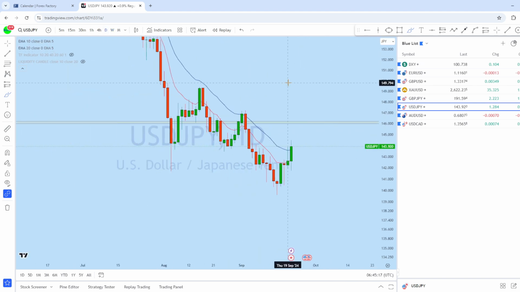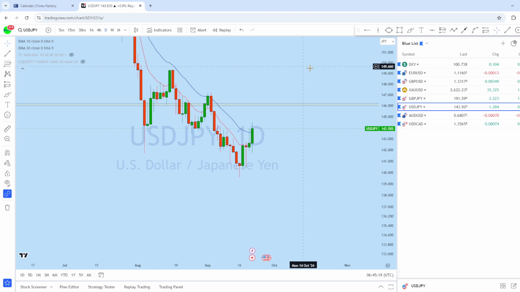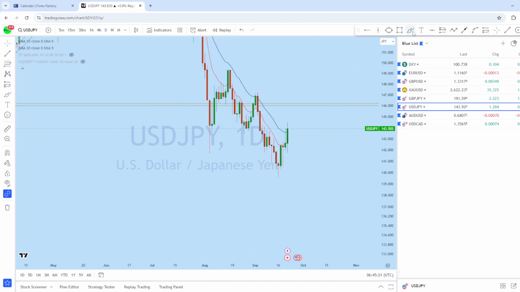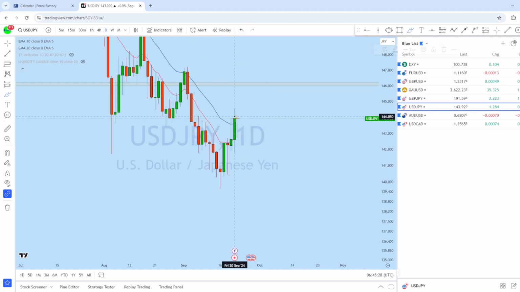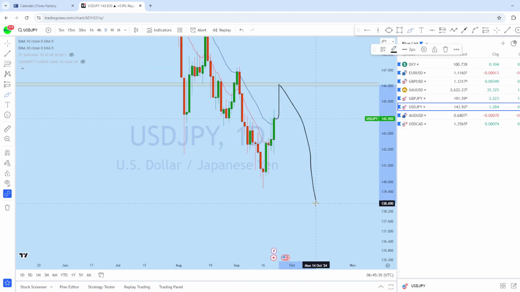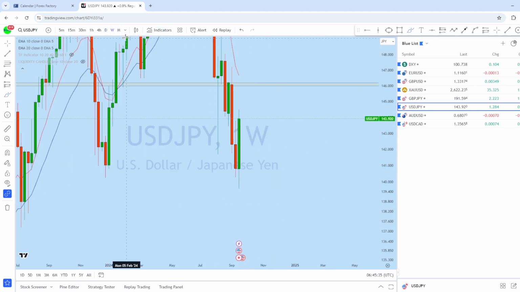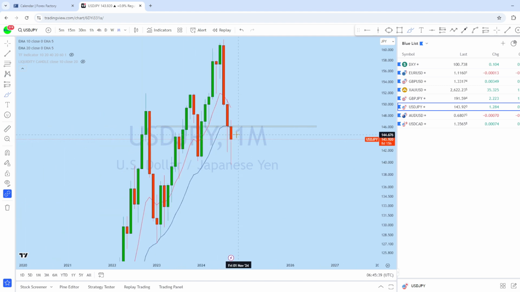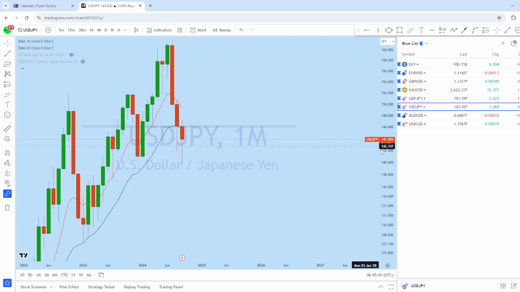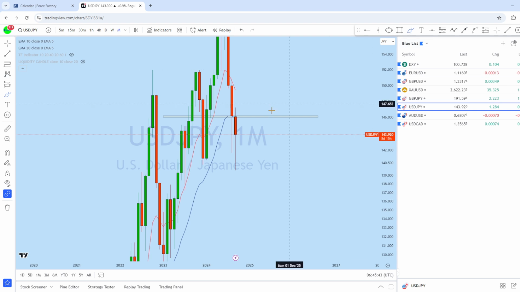If we drop down to the daily chart, we can see that from the daily the market structure is also bearish, forming a series of lower highs on dollar yen, and we want to see the market going up, retesting, and then dropping back down again. As with GBP/JPY, on dollar yen this is the monthly candle, which is also forming a bearish candle. So we will be waiting for the price to retest and then drop back down again to create a new lower low.